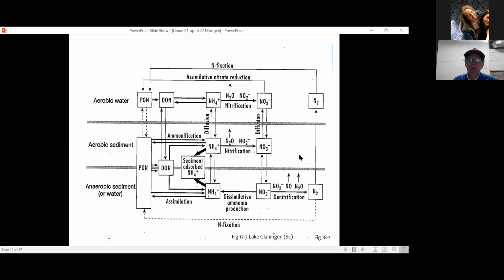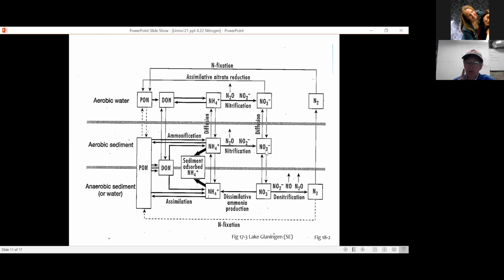All of these same things happen on the surface of the sediment, if the surface of the sediment is aerobic, like in the shallow part of a lake or the deep part of an oligotrophic lake. The sediment surface can be full of oxygen during the spring mixing or the fall mixing. So all of the same reactions are going to happen here.